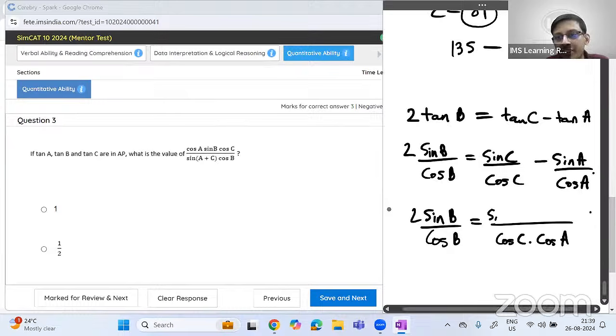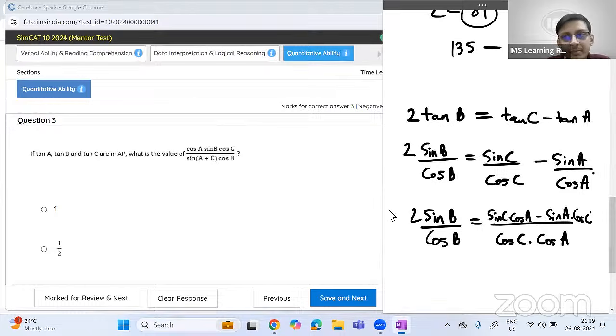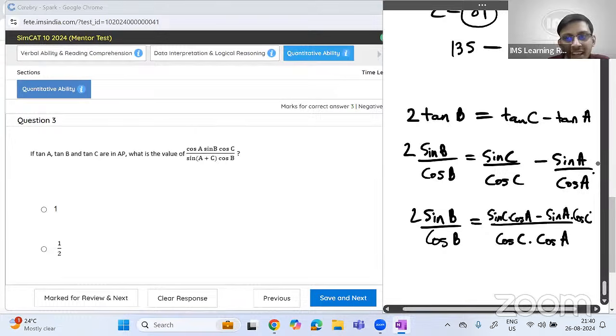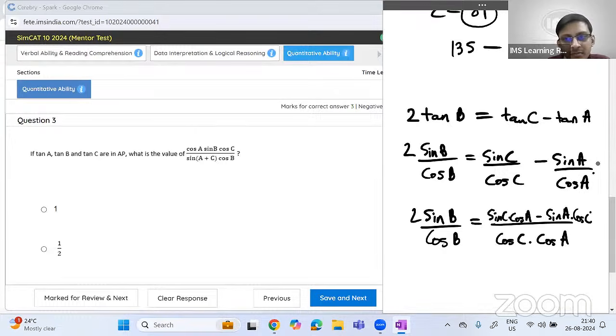Sin C into cos A minus sin A into cos C. Okay, let's see. Then I'm getting this part. Cos B cos A sin B. What about this part? Sin A plus C into cos B. No, I think there's some mistake here. 1 second.